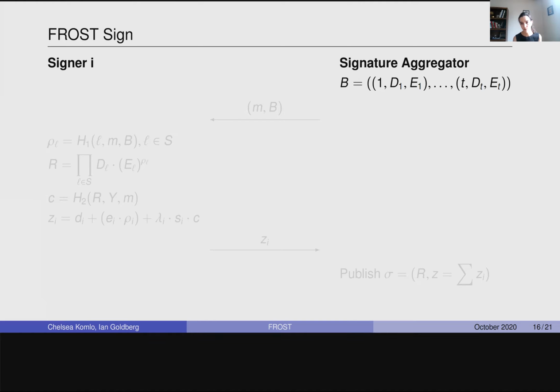So here, for example, we can see that participants 1 through T will be participating, and we'll be using these commitments for each participant. Then every signer receives the message to be signed M, and this B value that contains commitments for all of the signers.